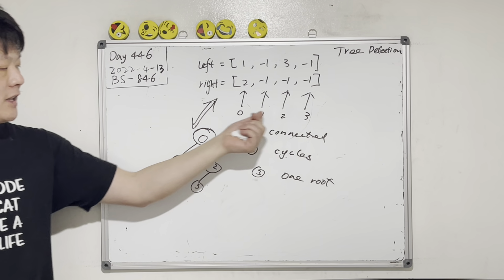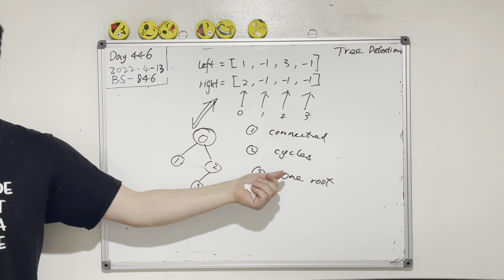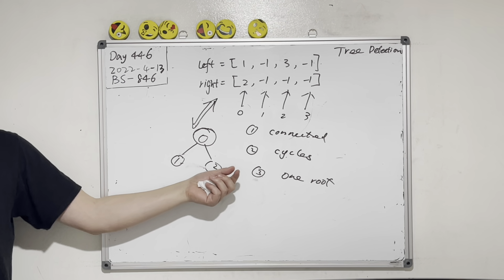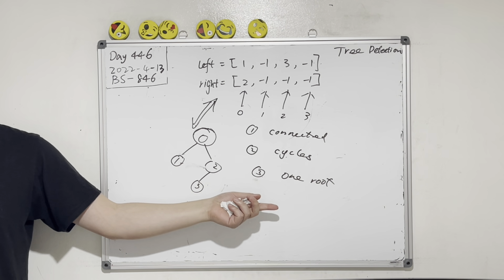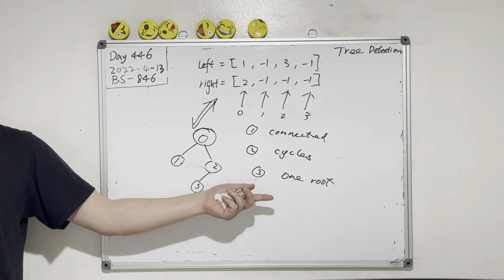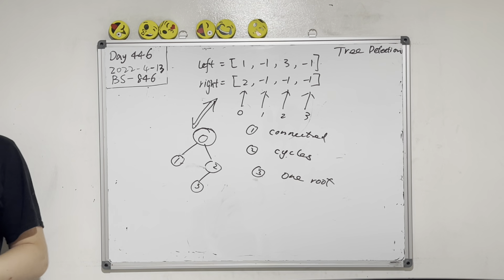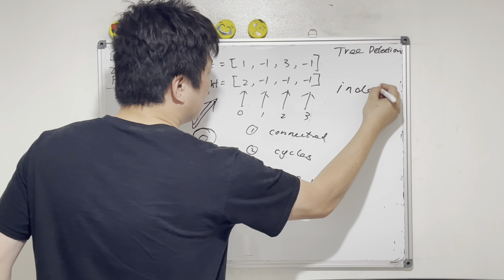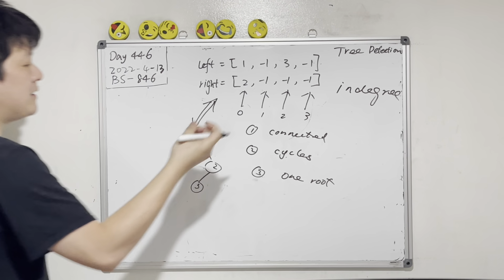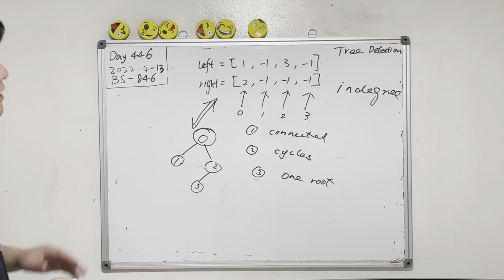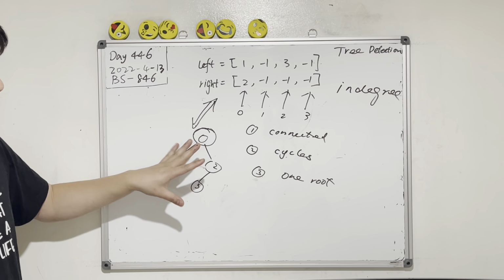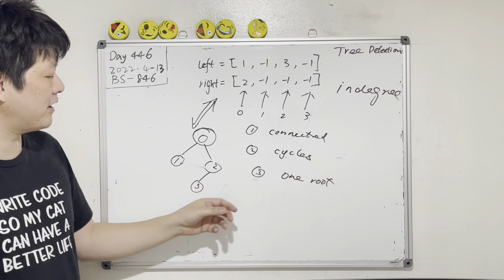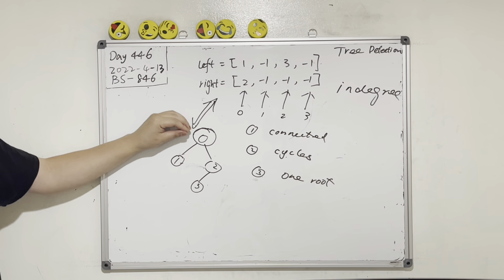We are given these 4 nodes. How do we find the root? We need to count one thing. The number of what kind of edge is coming in? What is it called? In degree. This is the number of edges going in. So if we go through these, we find the in degree. If the in degree equals 0, then that's a root.